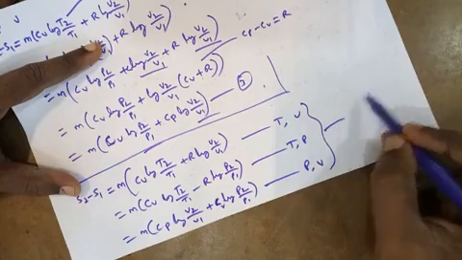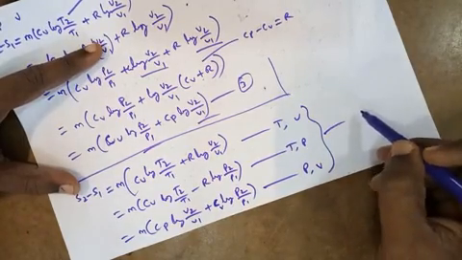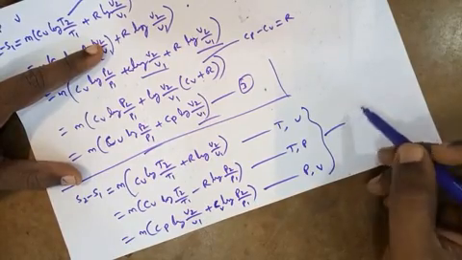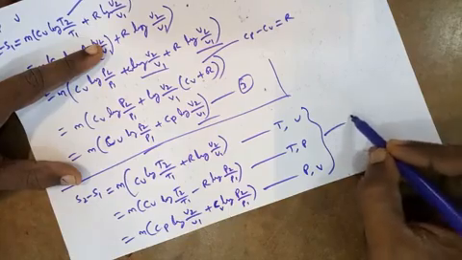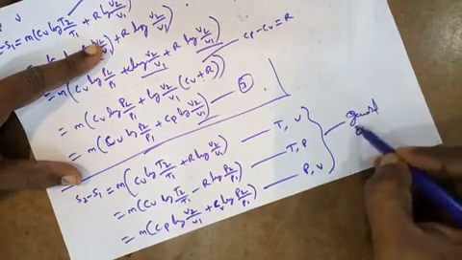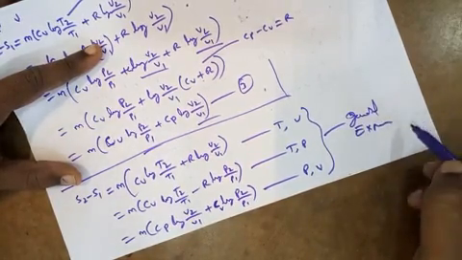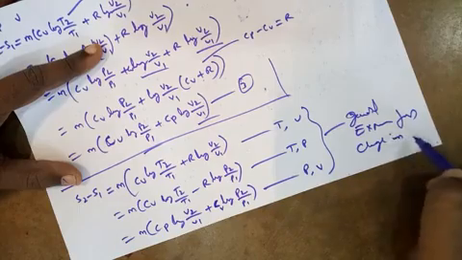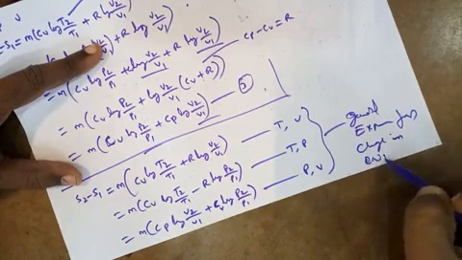These are the equations for change in entropy, and these are also called the general expressions for change in entropy.